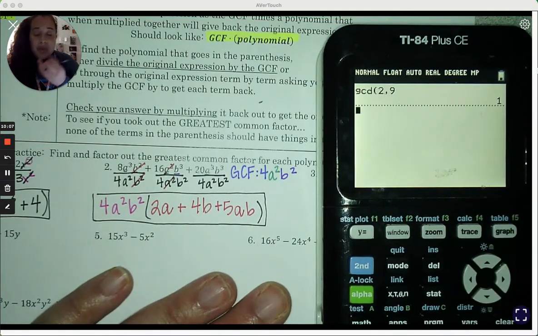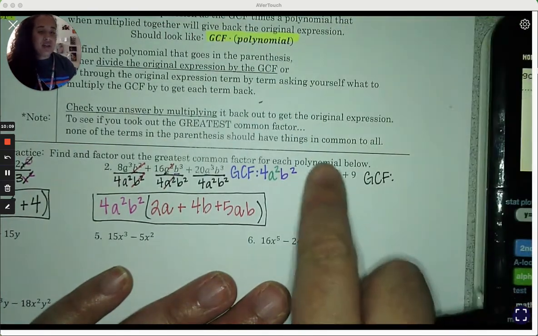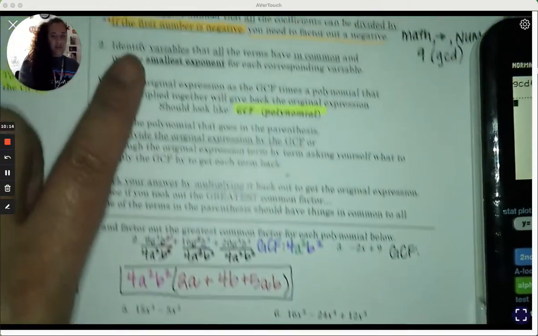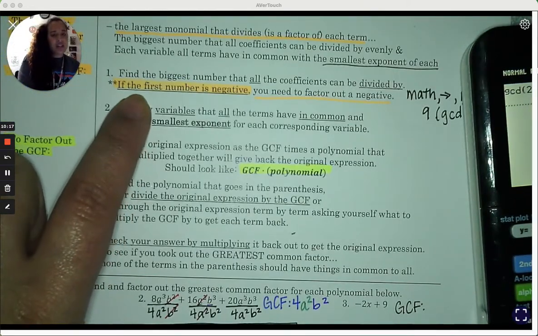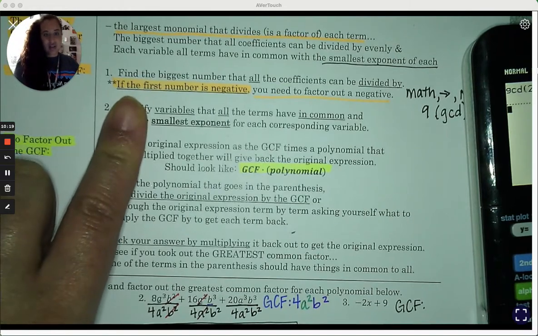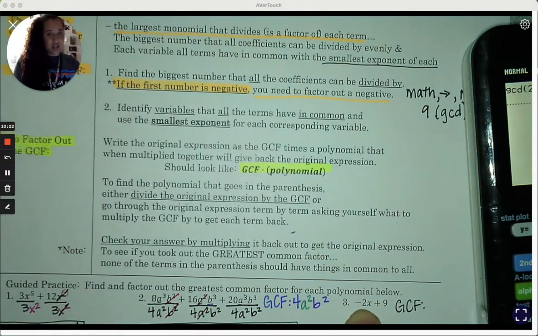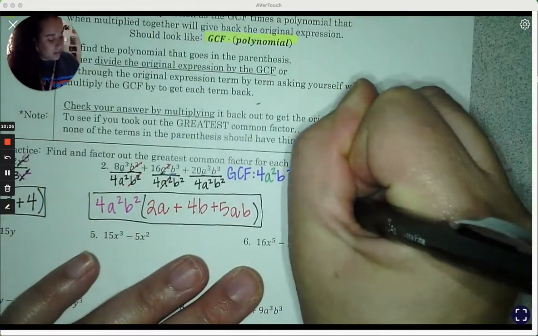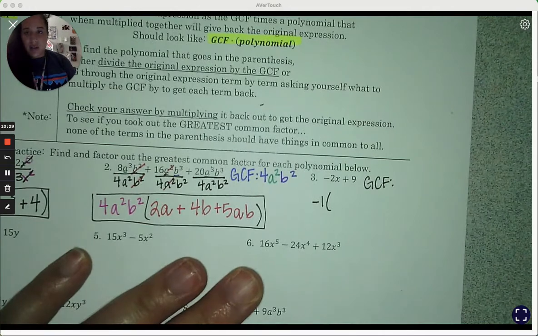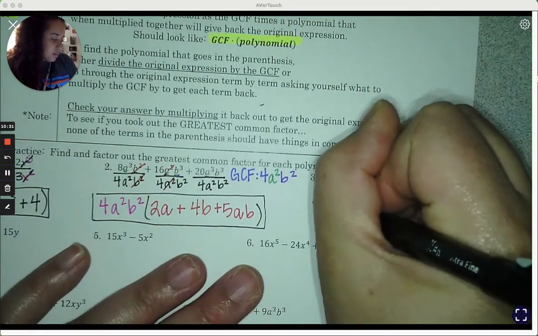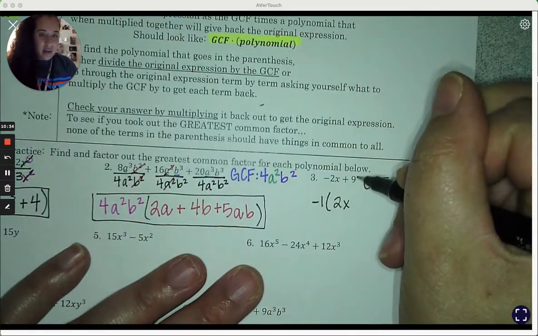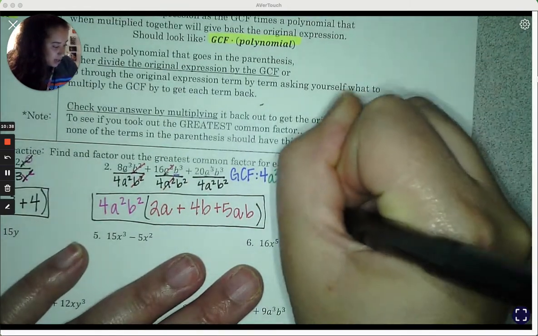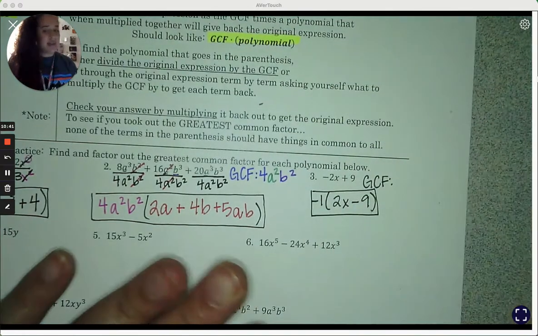So the only number in theory that these two things share is the number 1. However, if the first number is negative, you need to factor out a negative. So because our first number is negative, we need to factor out a negative 1. So negative 2 divided by negative 1 is just a positive 2. And 9 divided by negative 1 is negative 9. So that would be my answer in this case.